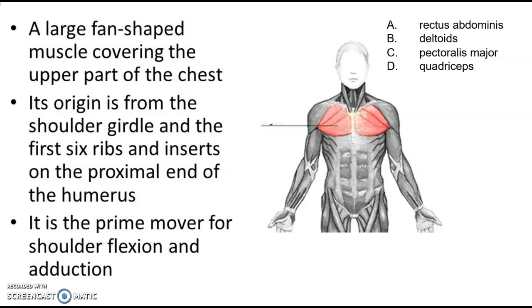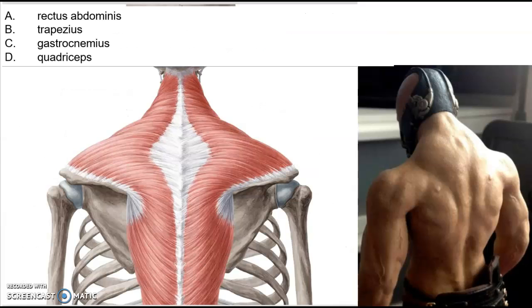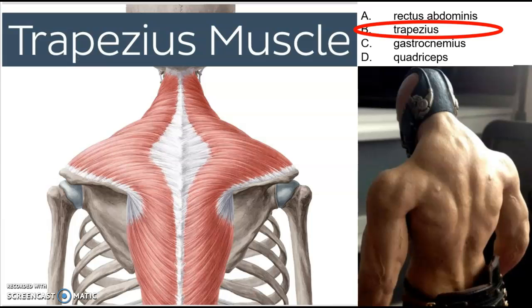The fan-shaped muscles of the upper chest are called pectoralis major. The kind of triangular shaped muscles of the back, shoulders, neck region, trapezius muscle.